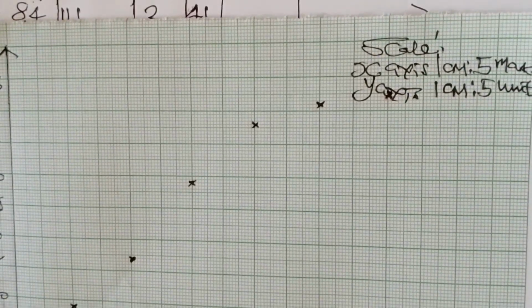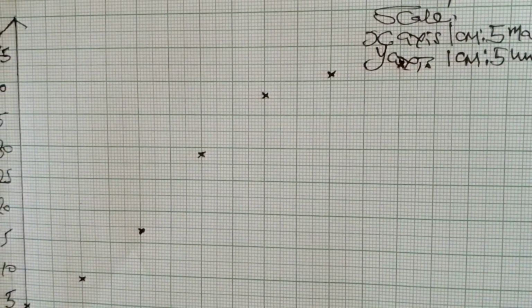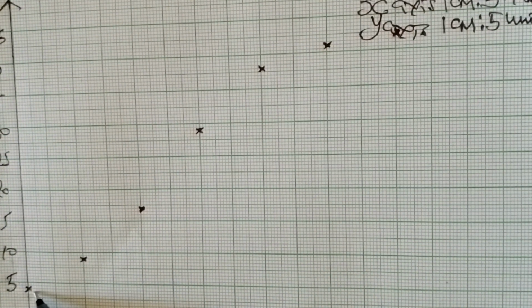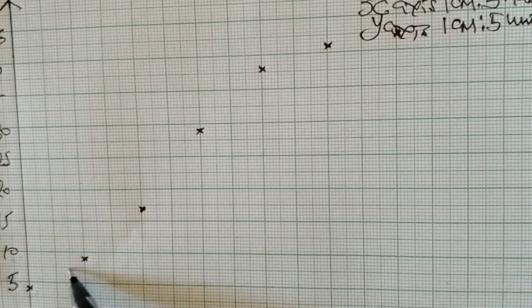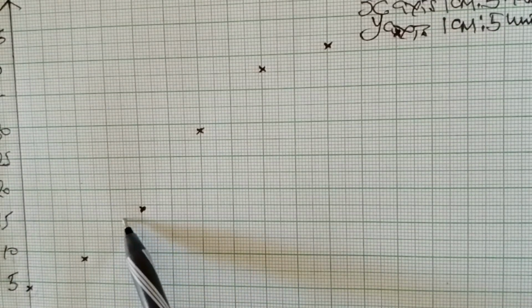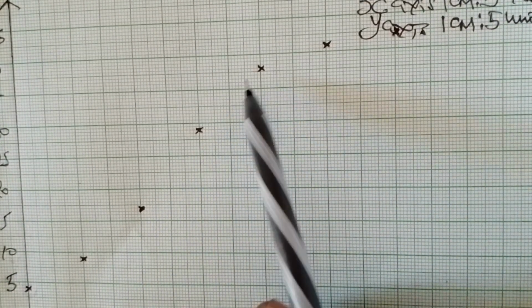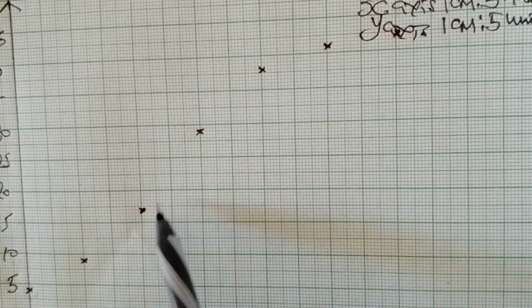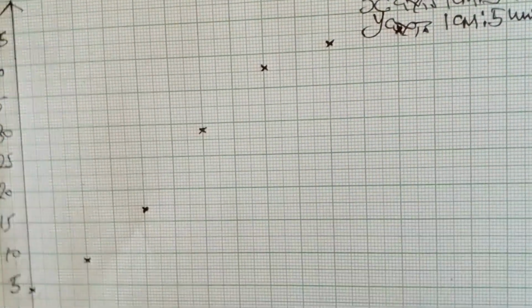Bear with me, my writing almost captured where the graph is, but we now need to look at the trend of the points. If you follow that trend carefully, it forms an S-shaped curve.